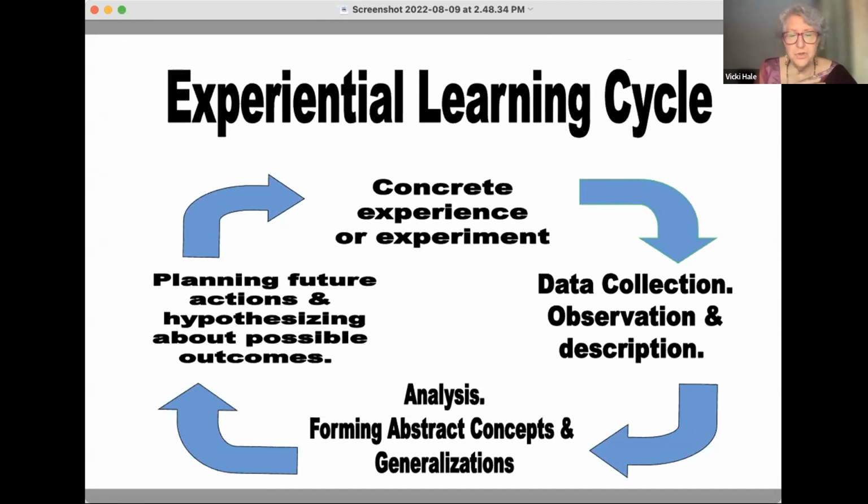You can apply this to your own learning experiences as well as your students to experience or experiment with something, collect the data and reflect, conceptualize, and then again, experiment. So I want you to keep this in mind in this session and over all three sessions.